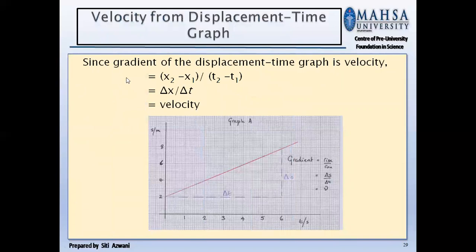So how to find the velocity from your displacement versus time graph: x2 minus x1 divided by t2 minus t1. The change of displacement divided by the change of time is equal to velocity.